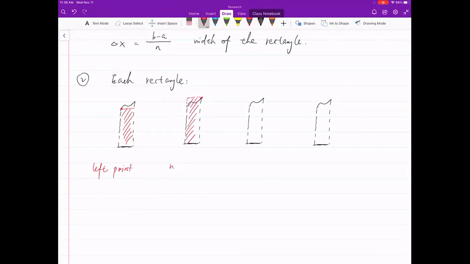This way is called the right point. Number 3, you can pick the middle point, which gives you the midpoint formula.